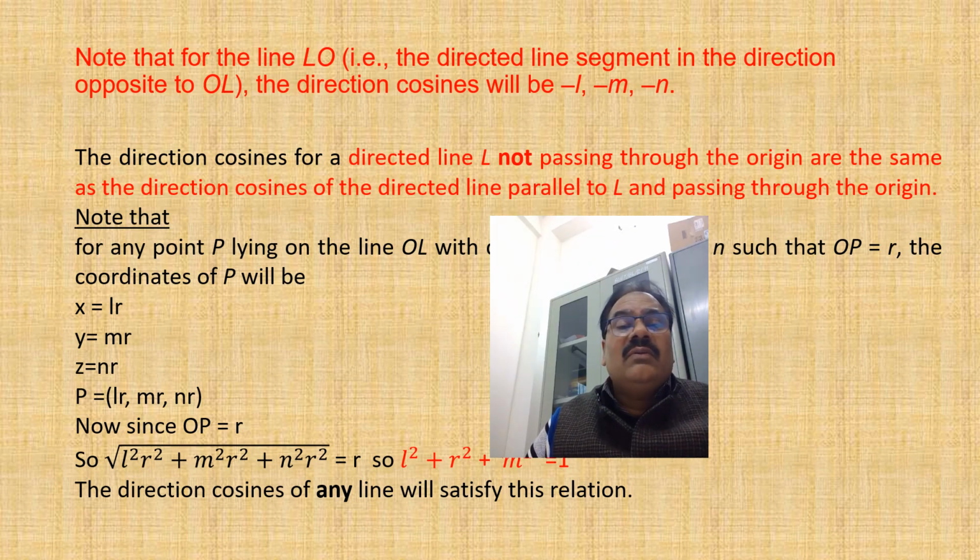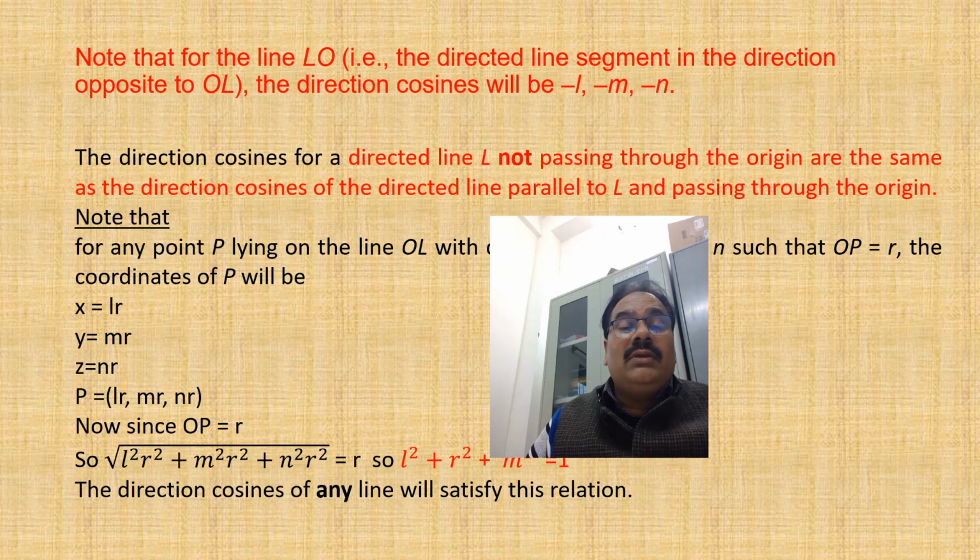So in this case, both are the same. We can also remember that for any point P lying on the line OL with direction cosines l, m, n such that OP is equal to r, the coordinates of P as shown in the figure are x equals lr, y equals mr, and z equals nr.